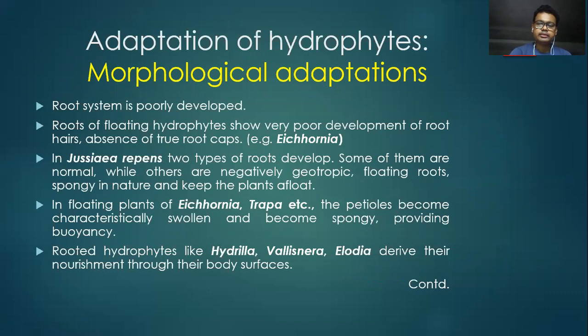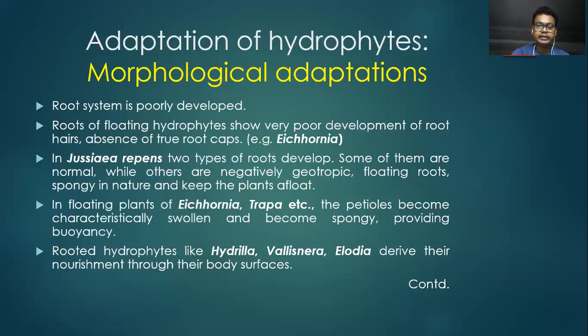If we think from the root level to the upper level, that is, root to leaf, the root system in hydrophytes is not developed. That means it is poorly developed, because the root is essential for the absorption of water.